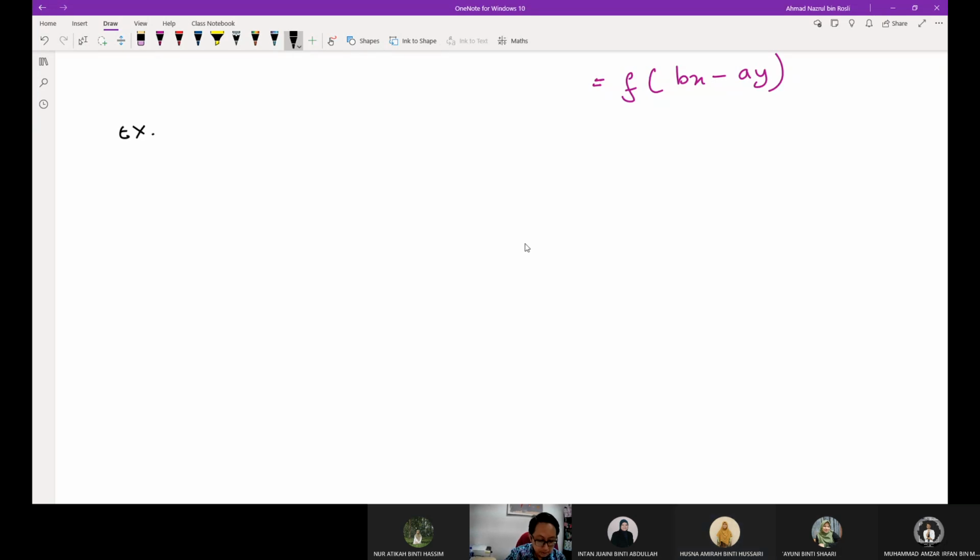So the example will be solve this PDE for 4ux minus 3uy equal to 0 with the auxiliary function tadi, okay, with u0y is equal to y3.